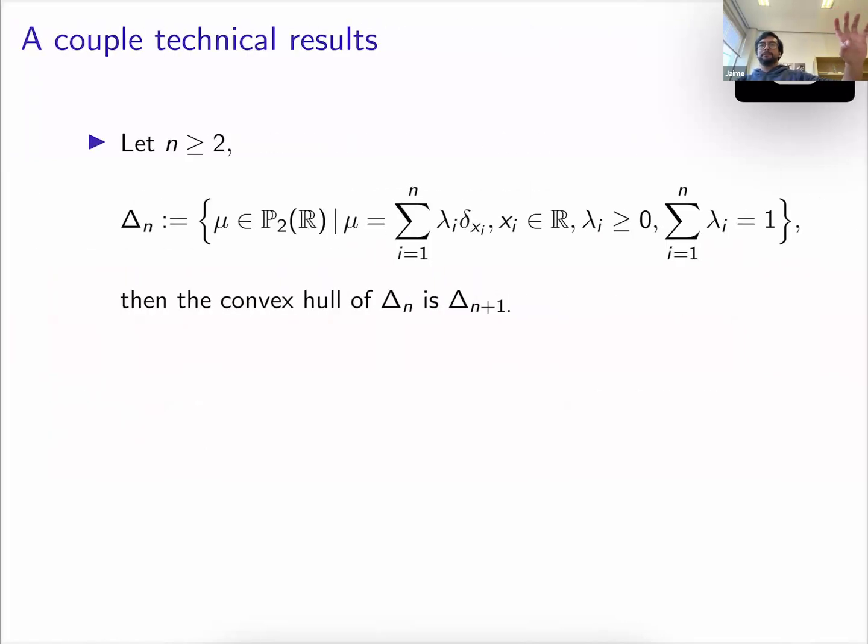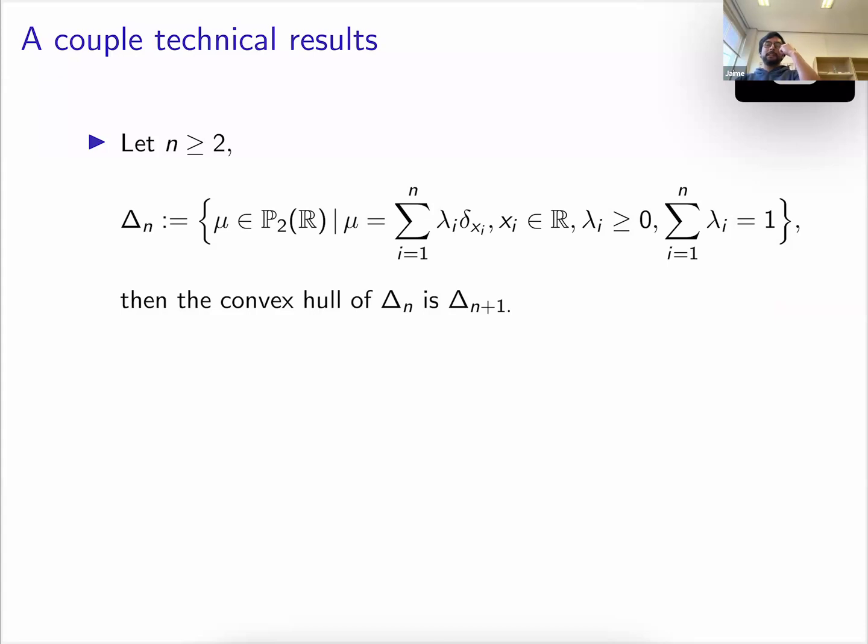technical results from Klugner. The first one is that if I take n greater or equal than 2, I can define the set delta sub n to be probability measures that look like convex combinations of Dirac deltas.